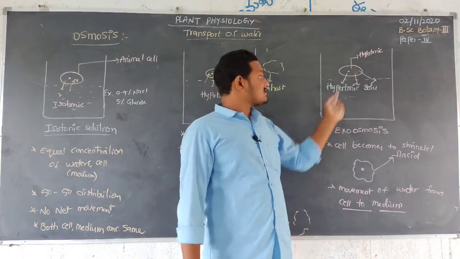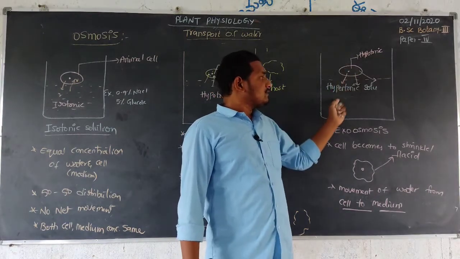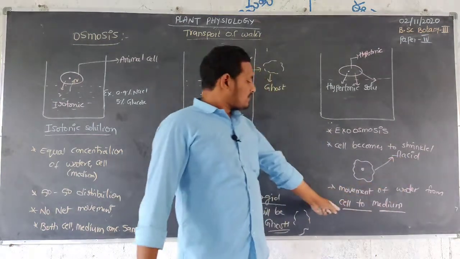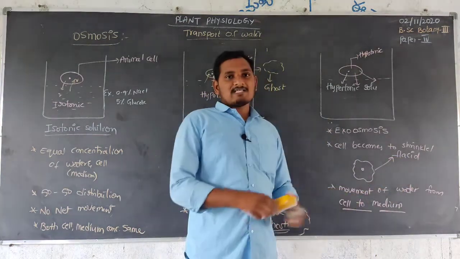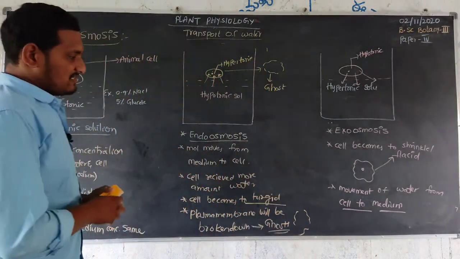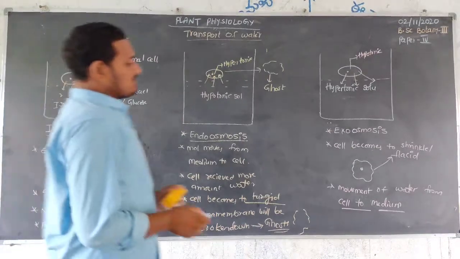Due to exoosmosis, water comes from the cell to the medium, so the cell shrinks and the plasma membrane becomes flaccid or shrunken.